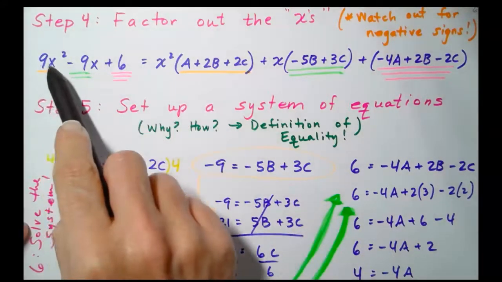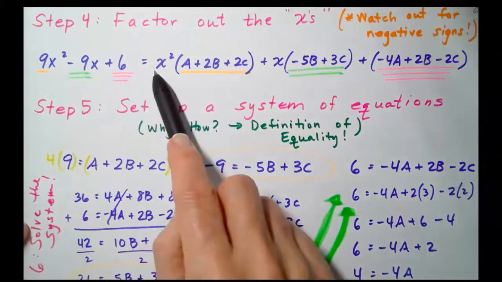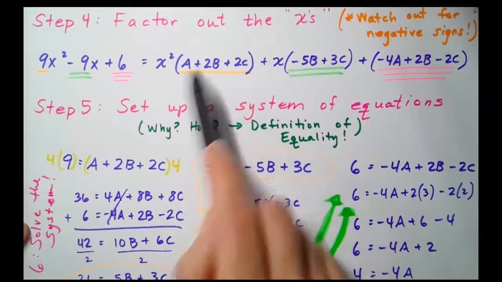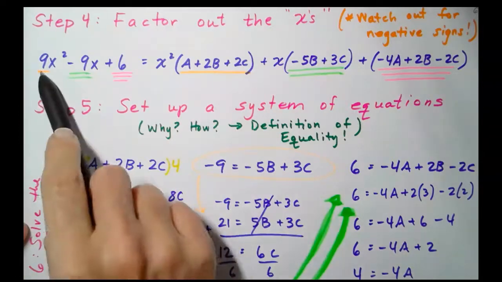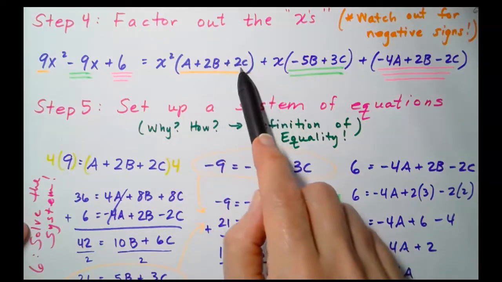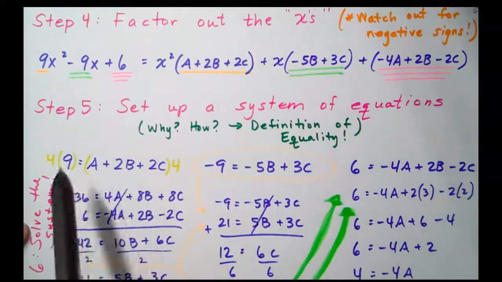Well, if 9x squared must weigh the same as x squared times a plus 2b plus 2c, then 9 must be equal to a plus 2b plus 2c. And that's what you can see in this first equation.